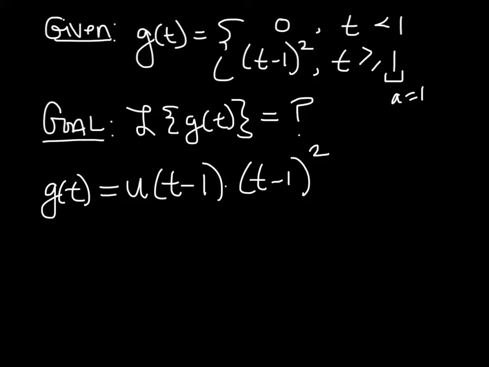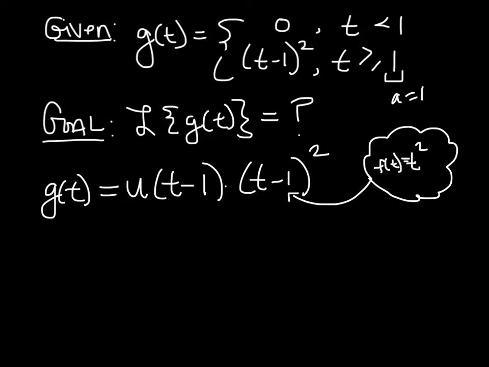So think of there being a t squared in there, and maybe I'll call that f of t. Then t minus 1 squared is just that same function translated 1 unit to the right.